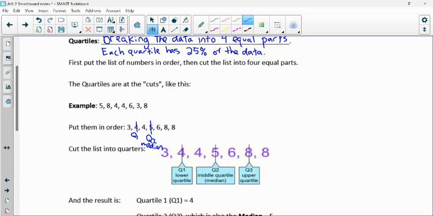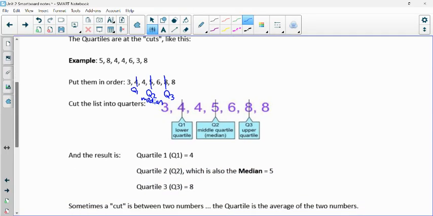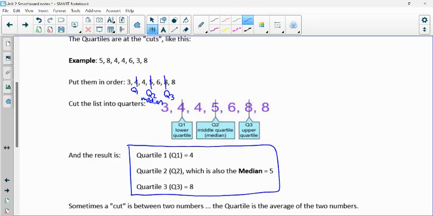And then we want to find the median of the right side of the data. So again, there's three numbers on the right side, 6, 8, and 8. And the middle of that would be this 8 that's right in the middle. And that's what we call our Q3. So our Q1 is 4, lower quartile. Our median, which is also Q2, is 5. And then our Q3 is 8, as we can see here.